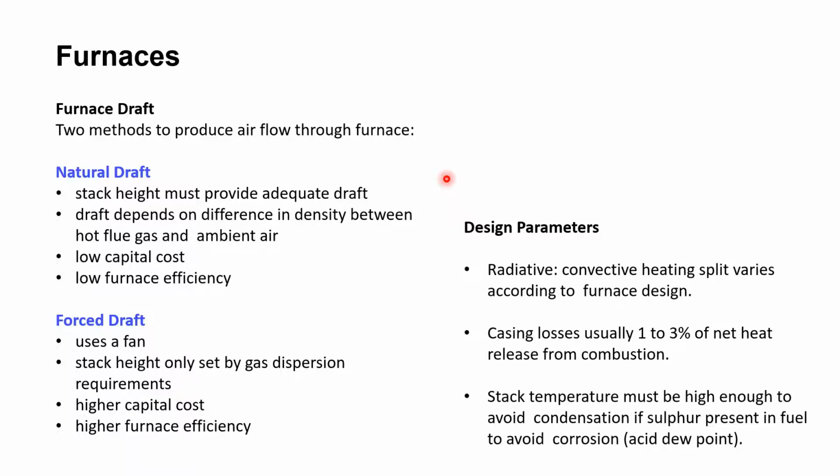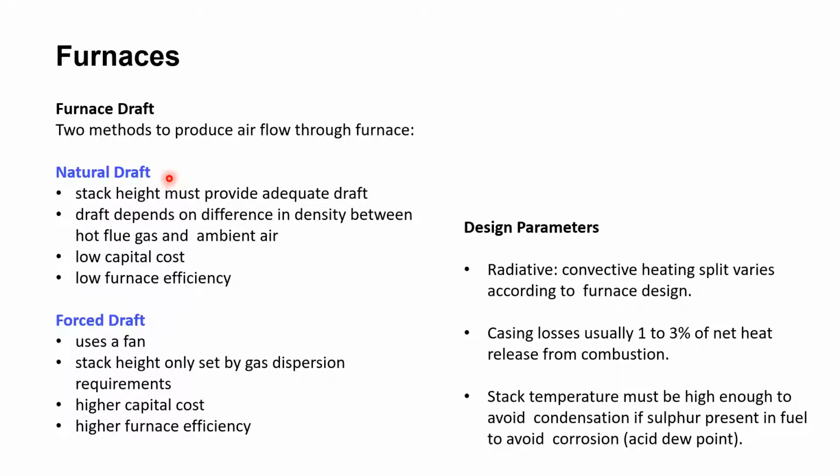There are two main types of furnace based on the draft. Draft is basically how the air is forced into the furnace. The first of the two is the natural draft.